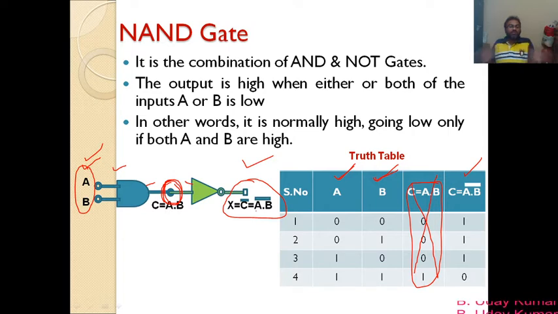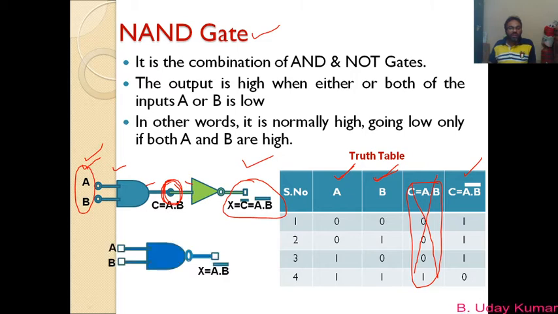Now every time you cannot draw AND plus NOT in place of a NAND gate, right? So the simplified logical symbol of a NAND gate is given by this diagram. Remember this is AND and this is NOT. The AND is drawn here and the NOT is the circle here.